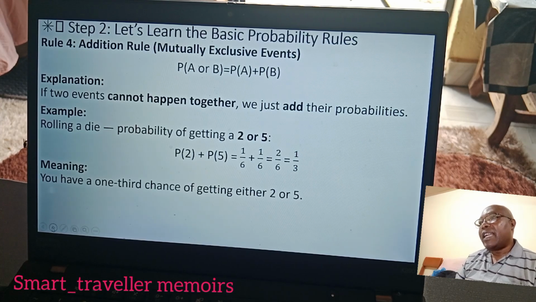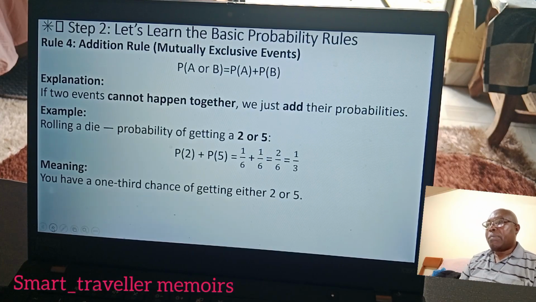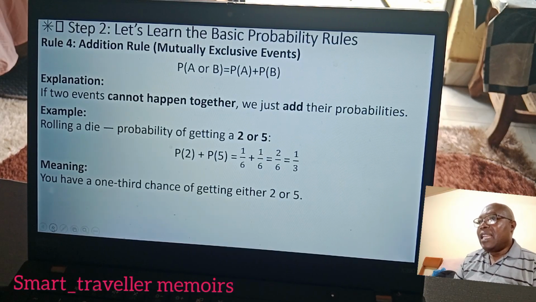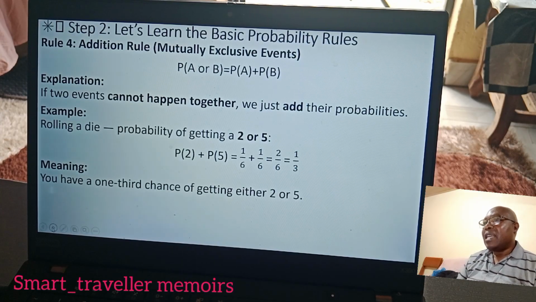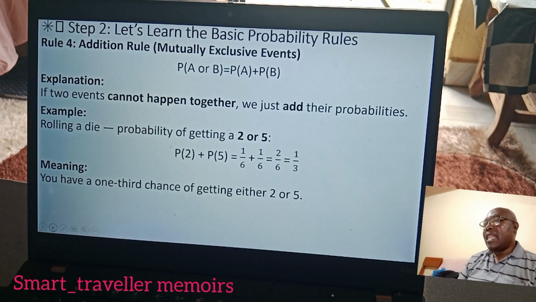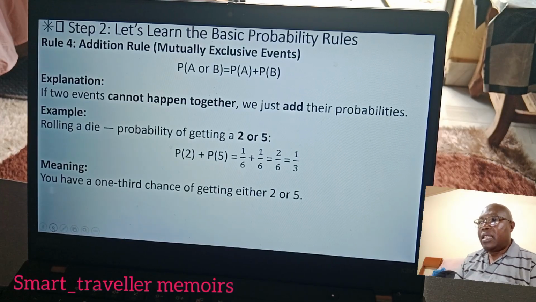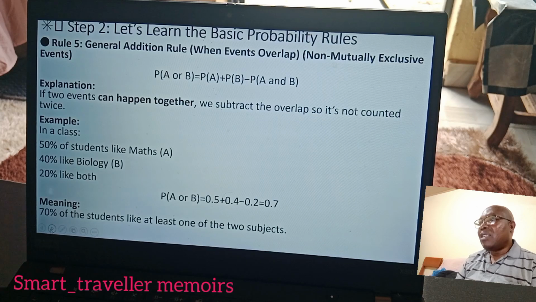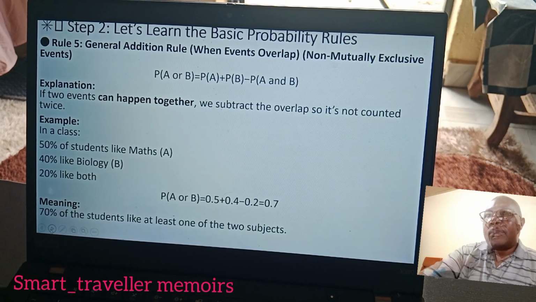So the probability of getting a 2 or a 5 is the probability of 2 plus the probability of 5, and each of them has a probability of 1 out of 6 because we have only one 2, plus 1 out of 6 because we have only one 5. When you add them, you get 2 over 6, which simplifies to 1 over 3. Meaning you have a 1/3 chance of getting either 2 or 5.